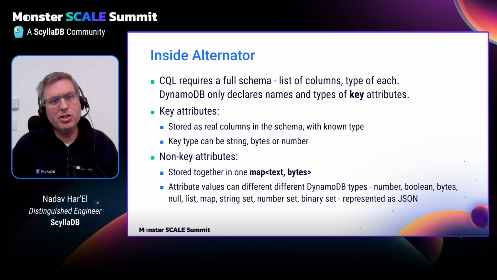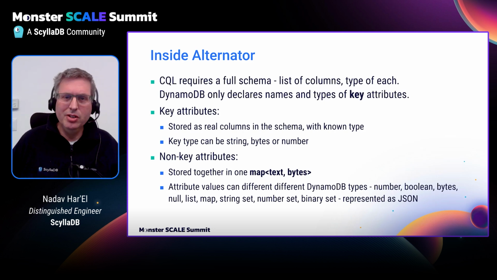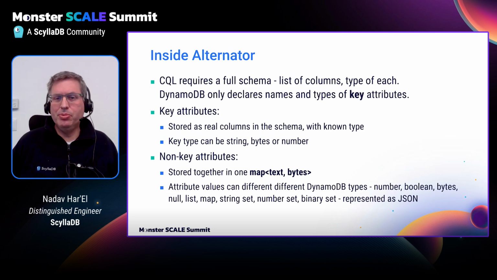So what we actually do is, the key attributes we store as real columns in the schema, and they have the known types. But all the other attributes that you have in a DynamoDB item, and you can have different attributes in each item, that's also fine, they are all stored in one map, a map from text, the name of the attribute, to bytes, which is the value of the attribute. And the value of the attribute can have many different types in DynamoDB.